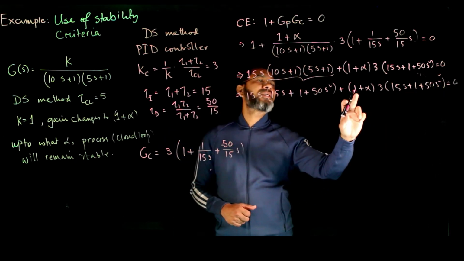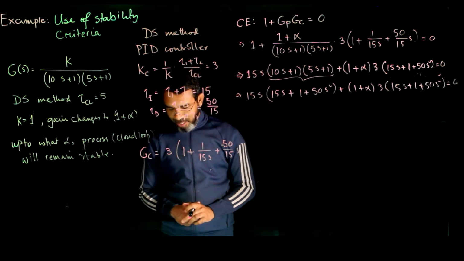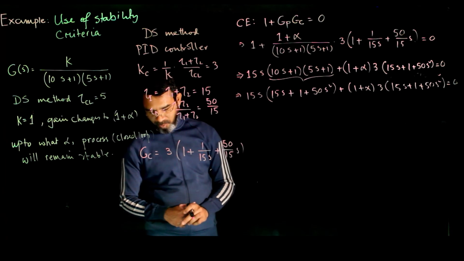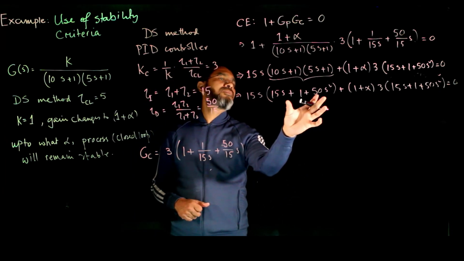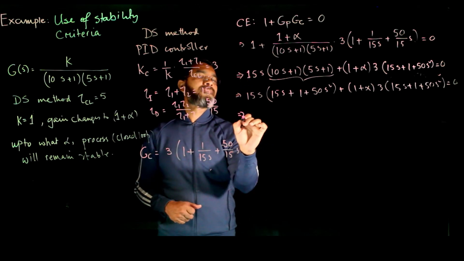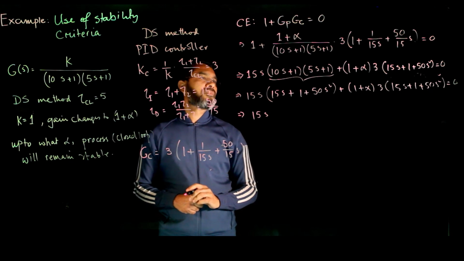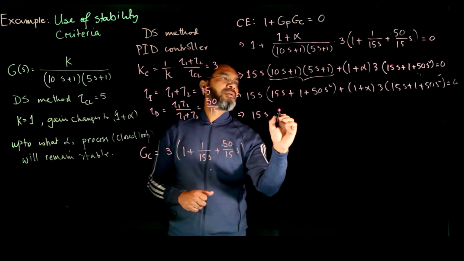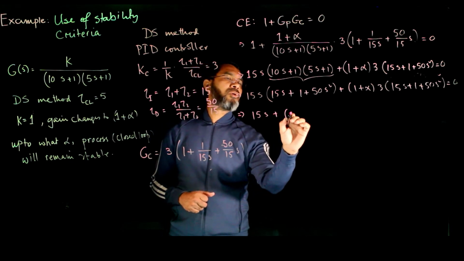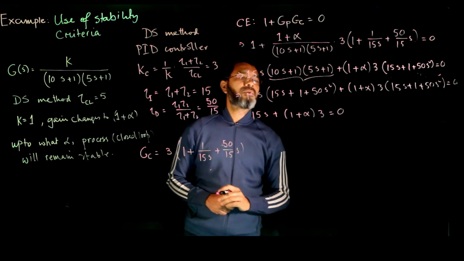So we are trying to find the value of alpha for which this will remain stable. Now you see this term is common to both. So we'll have 15s plus 1 plus alpha should be 0.